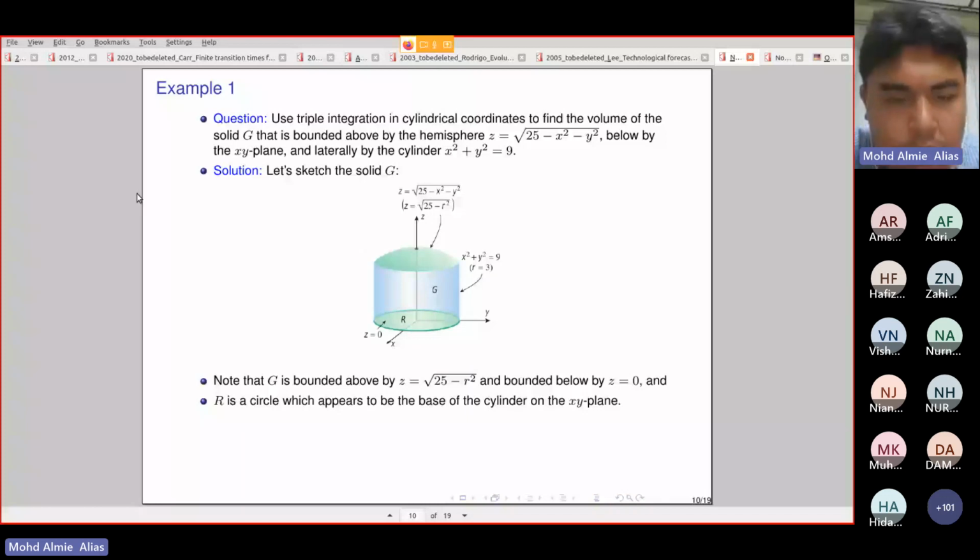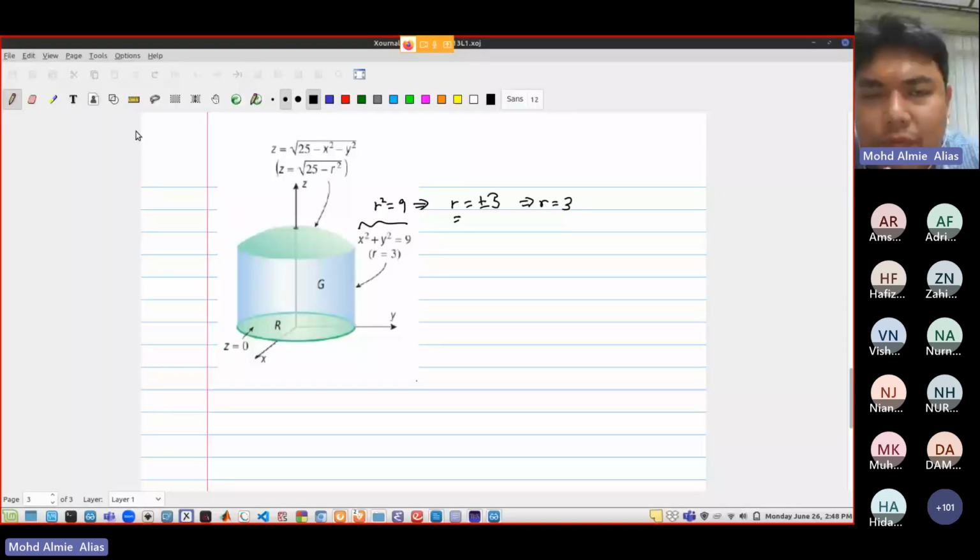So let's try to write. In this case, you are not given f; f of r, theta, and z is not given.